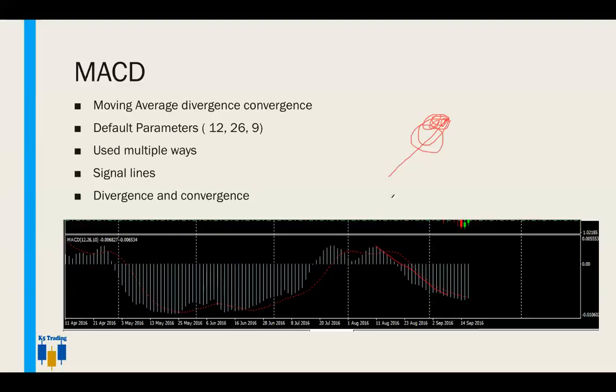When you see this kind of divergence, you need to pay attention. You don't have to go into the order, but you need to be very careful, because at any time the prices may reverse. It's not your indication for buy and sell, but it's your indication to become a bit cautious, so that you are ready to buy when it reverses.